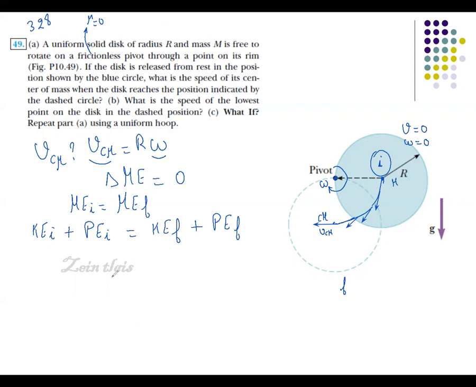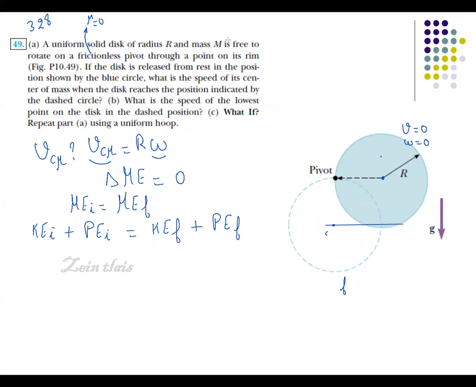The potential energy of the system must always be calculated in terms of the center of mass. Look here, the initial position, and here is the final position. We put the lowest point as a reference.